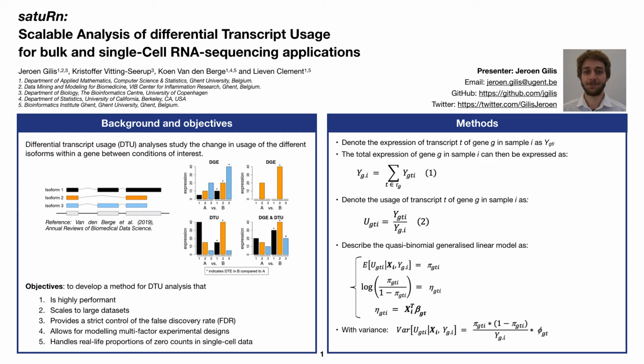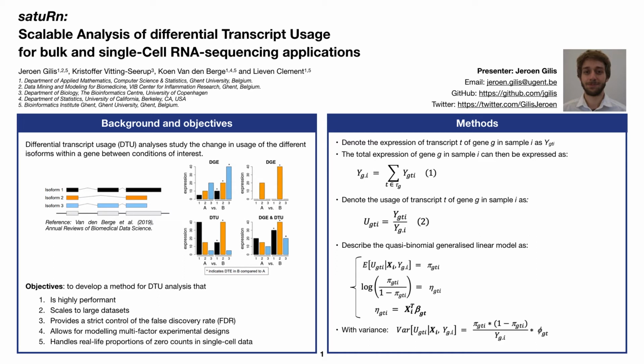Next, we can model the usage of transcript t by adopting a quasi-binomial generalized linear model, or GLM. In this notation, pi_gti corresponds to the estimated usage of transcript t in sample i. Pi_gti is linked with a logit link function to a covariate pattern X, which allows for having different transcript usage estimates in different groups of samples or in different cell types.